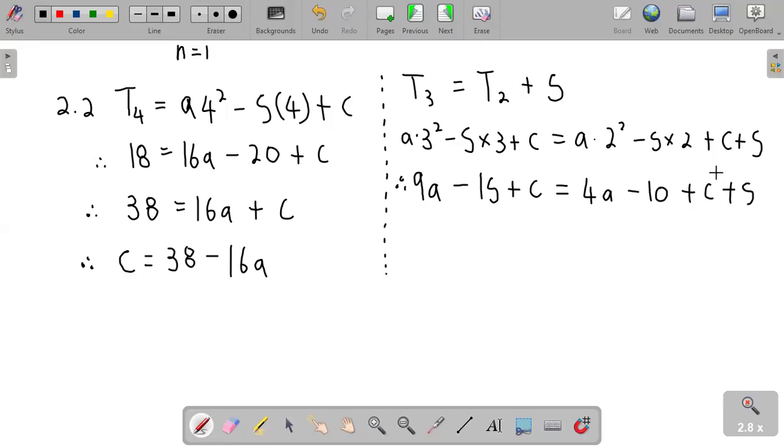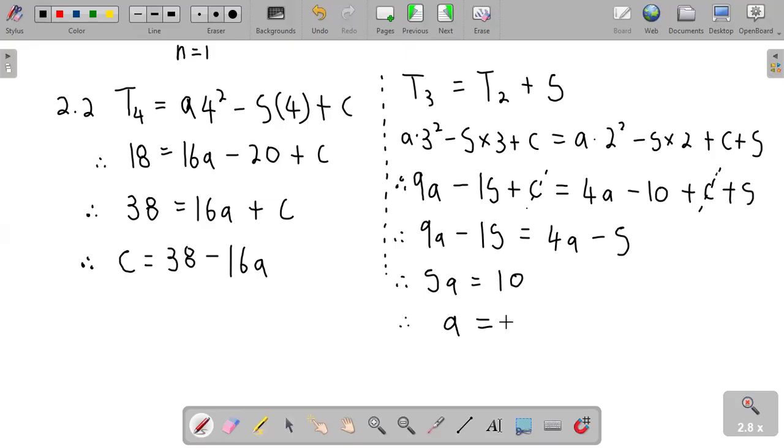So the c will disappear because it's on both sides. It's going to be therefore 9a minus 15 equals 4a minus 5. So therefore 5a equals 10. So therefore a equals 2 if we divide by 5 on both sides.